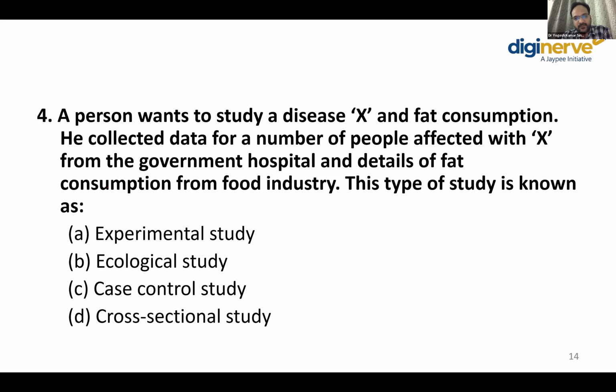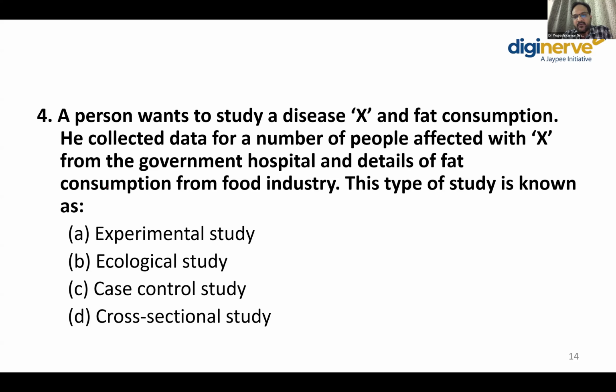We talk about the general population, not about individuals. So he took the data of the whole population, the total number of cases of disease, and the details of fat consumption from the food industry, the total fat consumption of the given population. So it can be an ecological study.